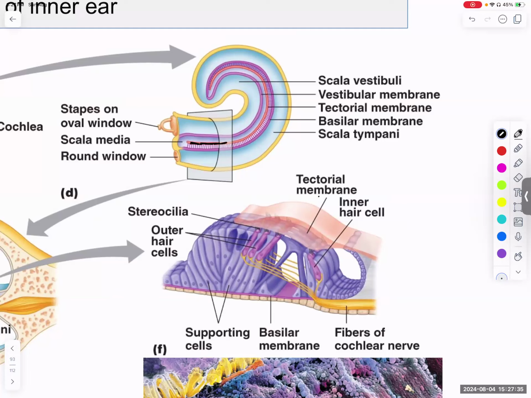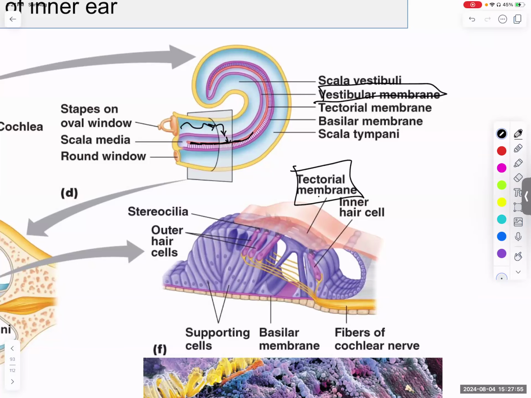I'm drawing it in black. And again, you're going to have the vestibular membrane on top. So the fluid is going to move with the sound waves, and it can push down on the vestibular membrane, which then pushes down on the tectoral membrane.